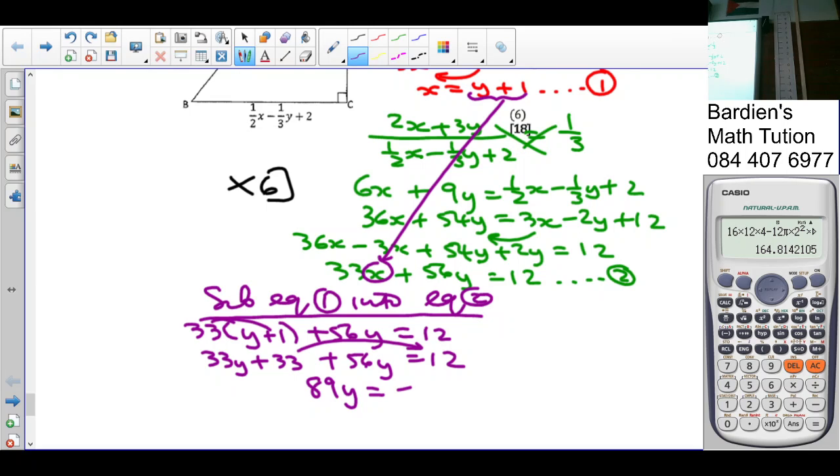Negative. So y is equal to negative 21 over 89. No, it's in fraction form. Same. Negative 21 over 89. Check if that's correct. It's correct? Okay. Now I'm feeling better.